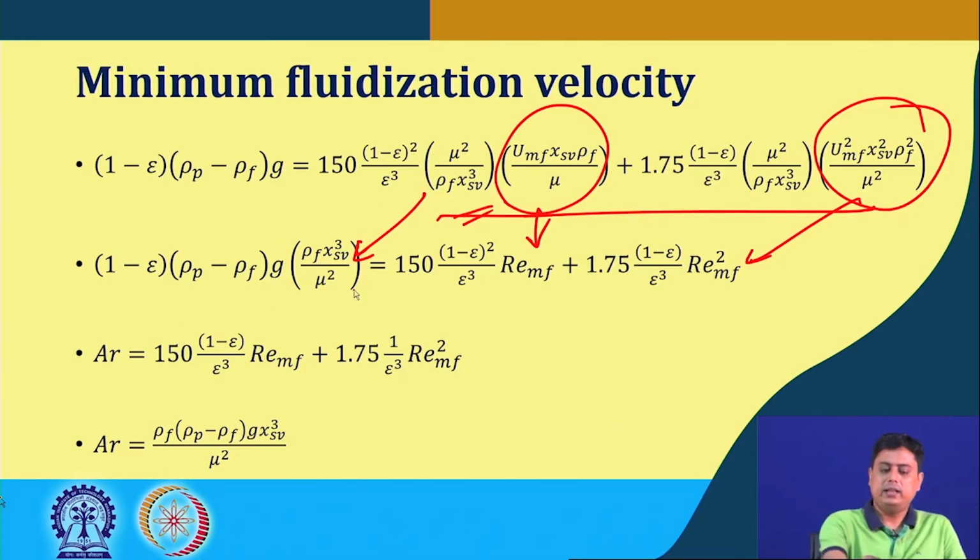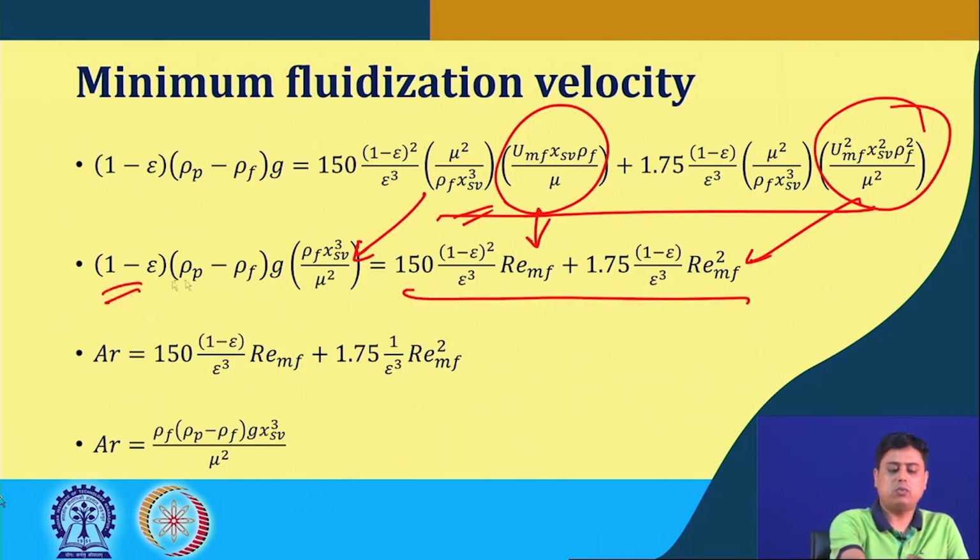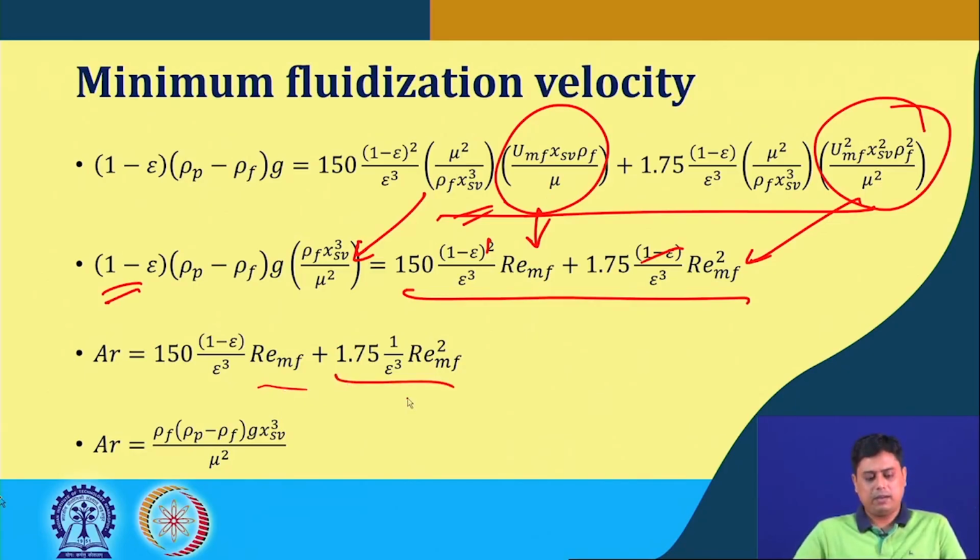So the right side is simplified in this way: this is 150, and at this stage the 1 minus epsilon goes out. So you have 150 (1 minus epsilon) by epsilon cubed times the Reynolds number at the minimum fluidization velocity, plus 1.75 divided by epsilon cubed times the Reynolds number squared at the minimum fluidization velocity.